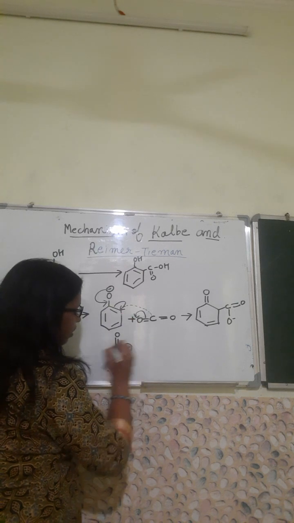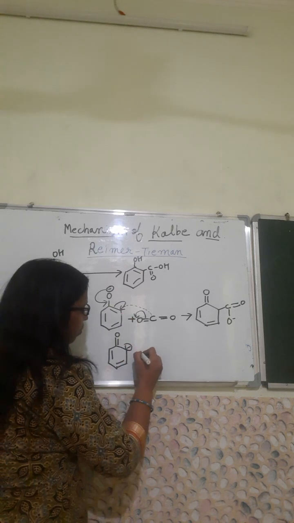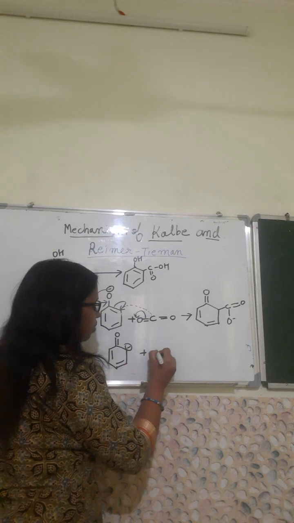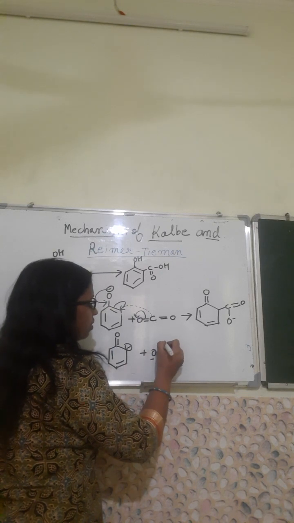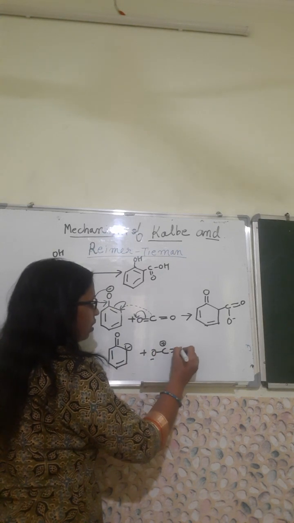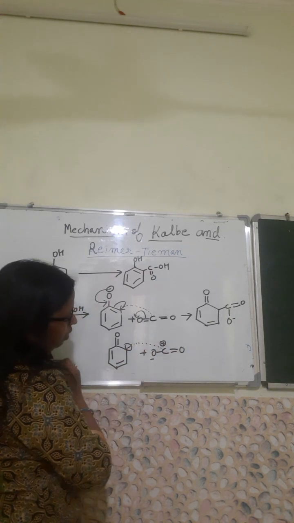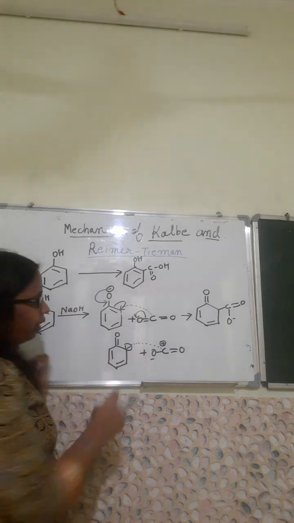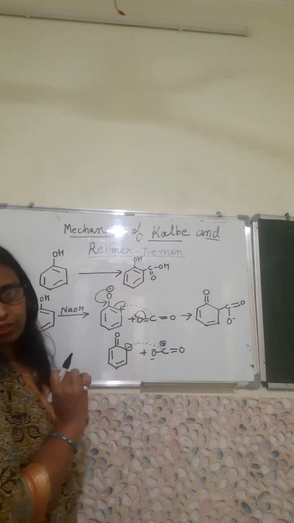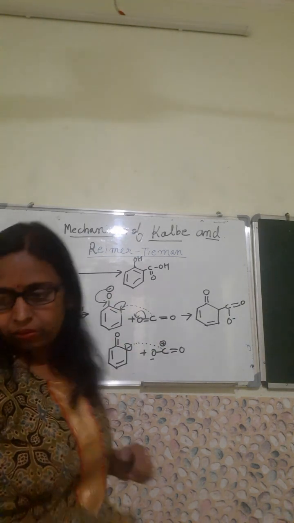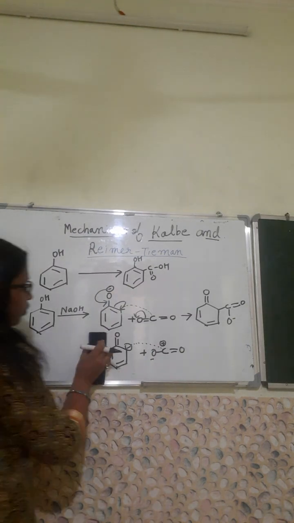Here is the negative charge, and the carbon, being positive, attaches to this negative charge. This is C-O negative and this O is double bonded. Is it clear? See how this negative charge creates the bond. Oxygen is negative and this carbon is positive. Opposite charges attract, so it attacks from here. Is it clear?